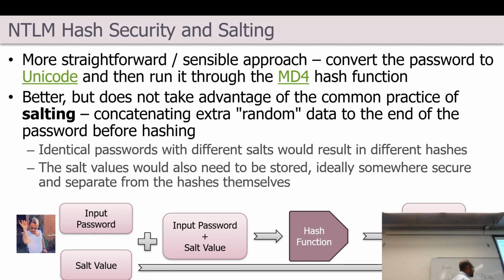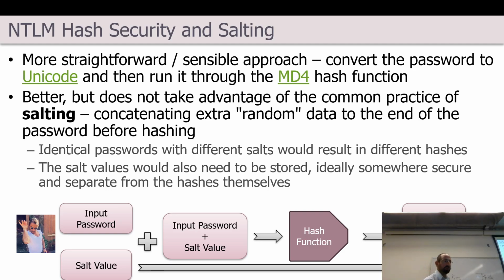So ignoring this bottom half for now of this diagram, what we've been talking about so far is taking an input password, applying a hash function, MD4, MD5, even that Jenkins hash we looked at before, and then storing that hash somewhere. The issue with just doing that is that the hash that gets stored for a particular password is going to be exactly the same in any system or configuration that uses that same hash function.